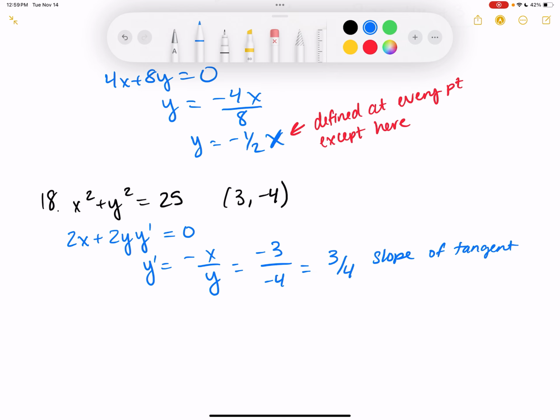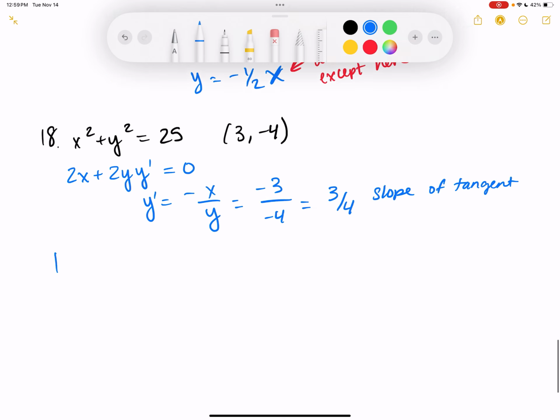So now when I go to do my tangent line, what is it going to be? It's going to be y minus negative 4, so plus 4, equals 3/4 times (x minus 3). You can either leave it there or manipulate it.